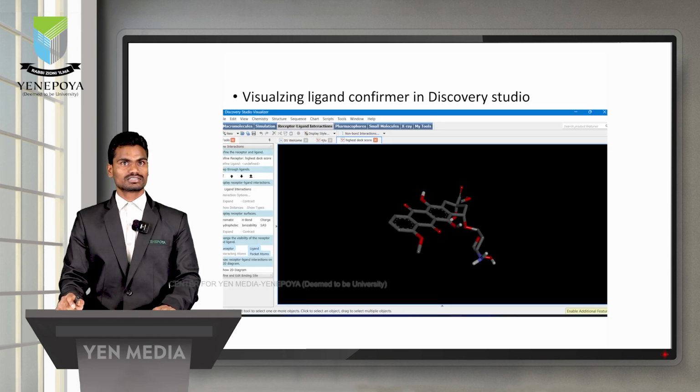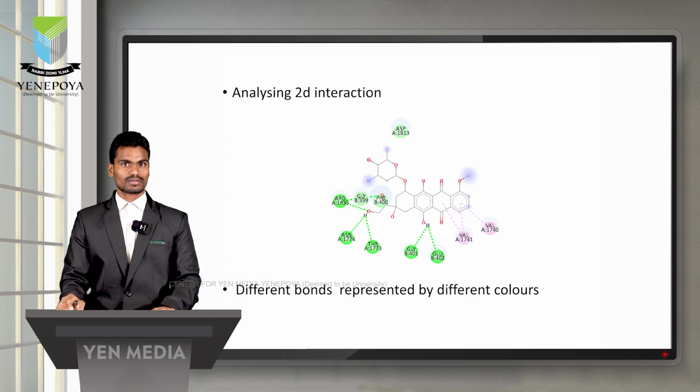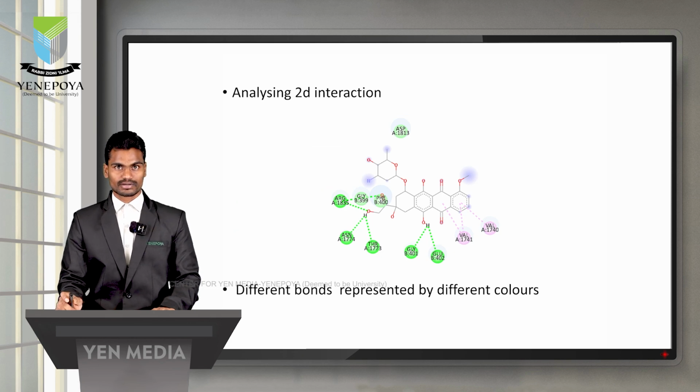So this is the visualizing ligand conformer in Discovery Studio. So this is the 3D interaction by using Discovery Studio, and it is a 2D interaction. So in 2D interaction, we will be knowing about what are the bonds that are present between target and ligand molecule. So here I have shown different bonds in different colors.